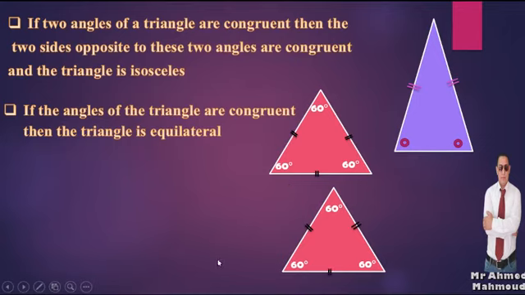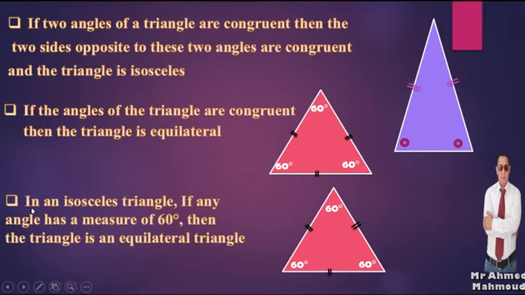Again, if we have in the given an isosceles triangle and one of its angles equals 60, that means the triangle is equilateral. Then we can say that in an isosceles triangle, if any angle has measure 60, then the triangle is an equilateral triangle. These are the three rules of the converse of the triangle.